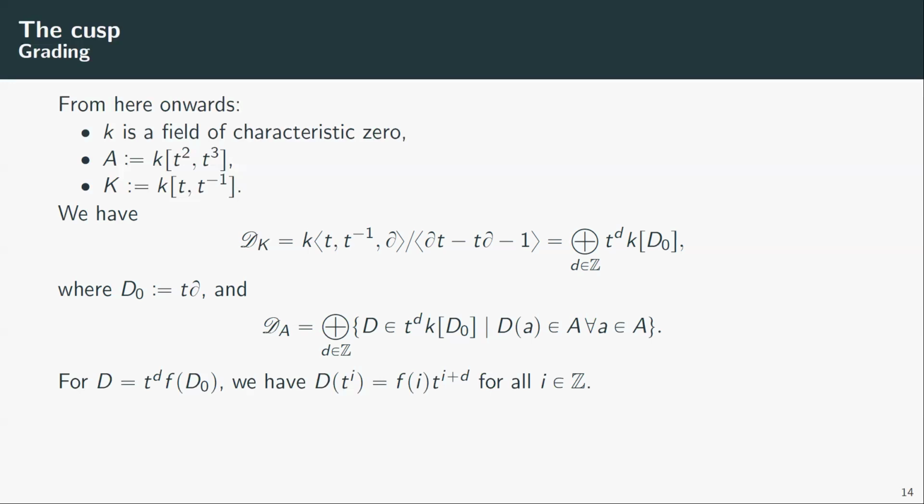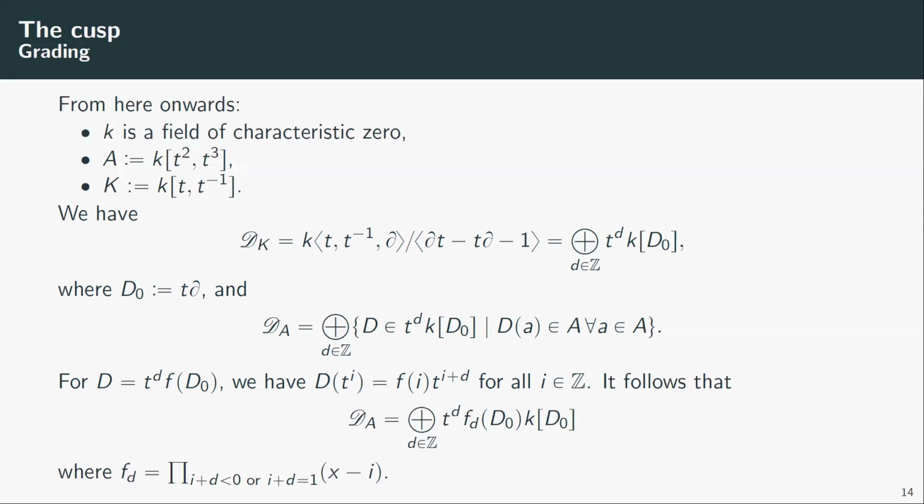It's just f of i times t to the i plus d. So to find the elements of dA, I want the polynomials f which get rid of the i's for which t to the i plus d does not lie in A. And thanks to that, I have the following description of dA.